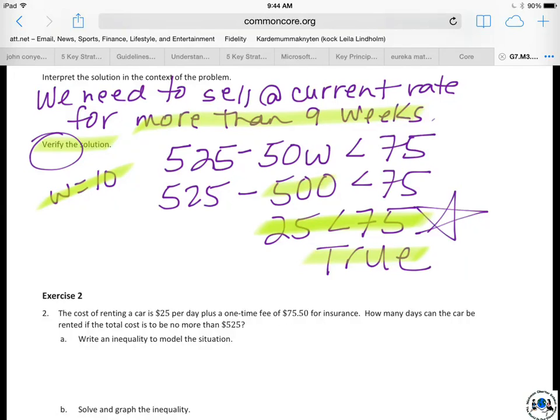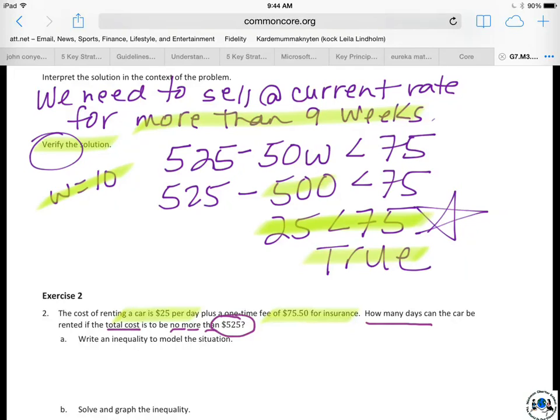So here we go, exercise 2. The cost of renting a car is $25 per day, plus a one-time fee of $75.50 for insurance. How many days can the car be rented if the total cost is to be no more than $525?